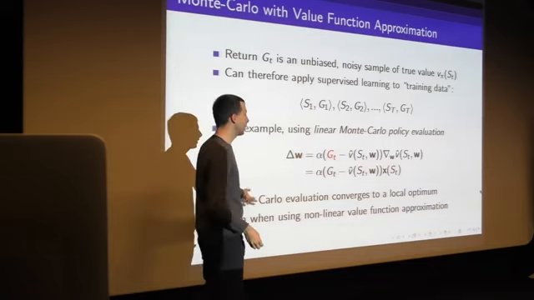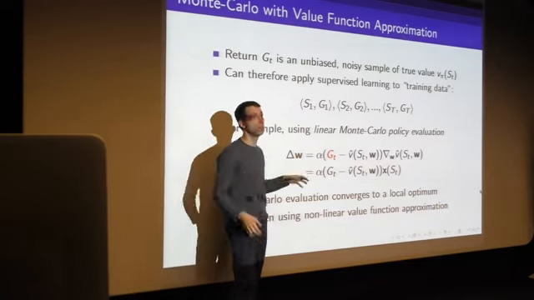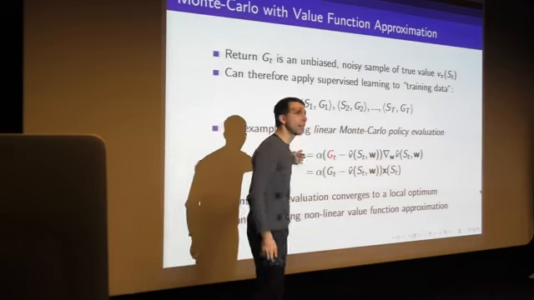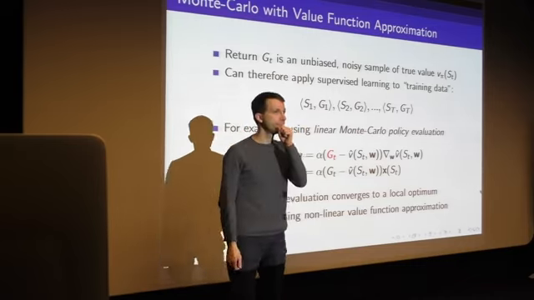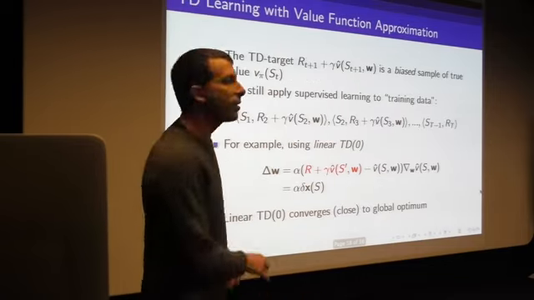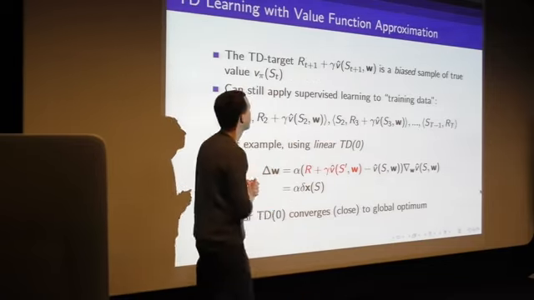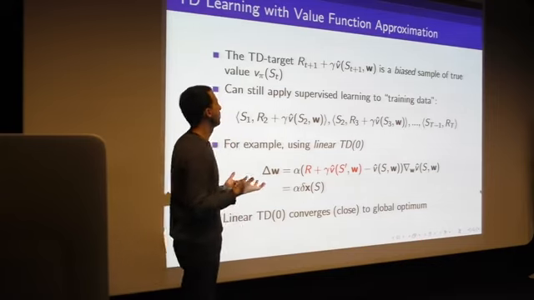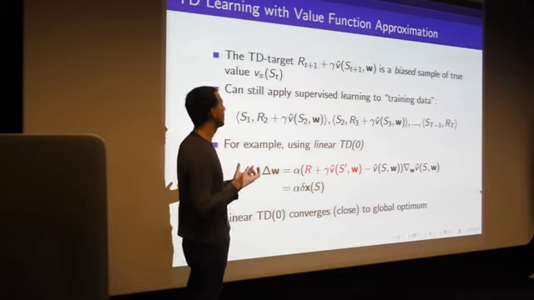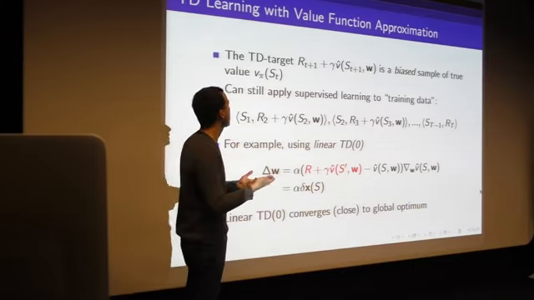Even if we use nonlinear value function approximation, Monte Carlo will converge to some local optimum, or in the linear case, it will find the global optimum. We can do the same idea with TD learning, but now we've got this biased sample. So we don't have the true oracle anymore, we don't even have a noisy oracle, we just have some biased estimator of the target.